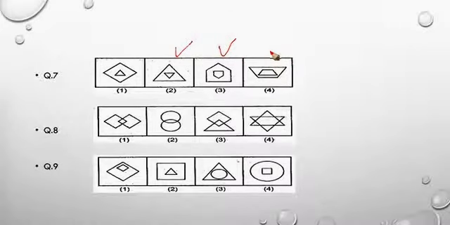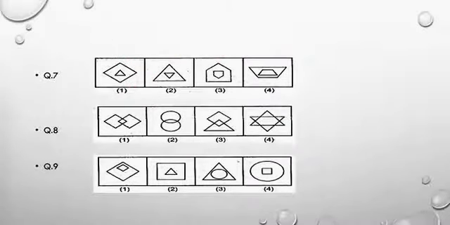Similarly, in case of problem figure 4, the design outside and the design which is inside are the same, whereas in case of problem figure 1, the figure inside and the figure outside are both different. So the answer to question number 7 is 1.